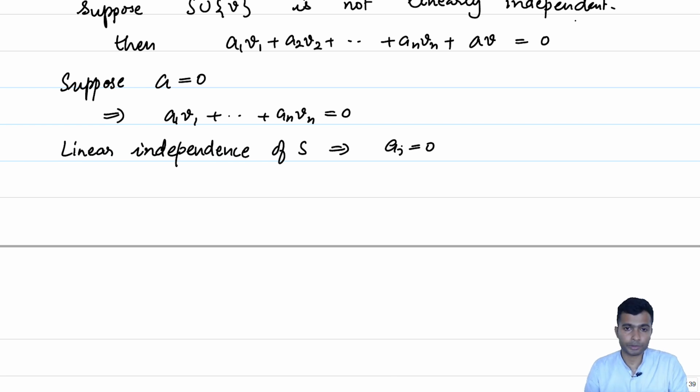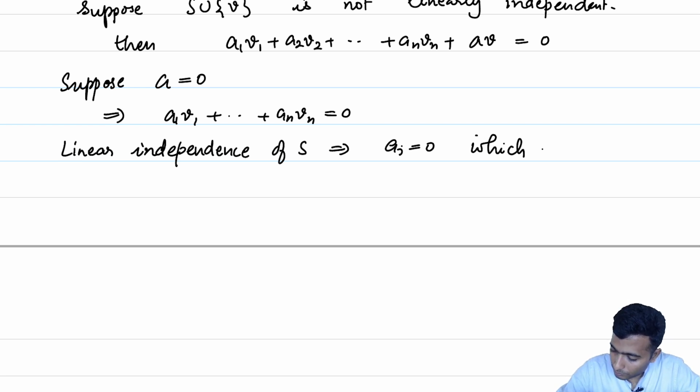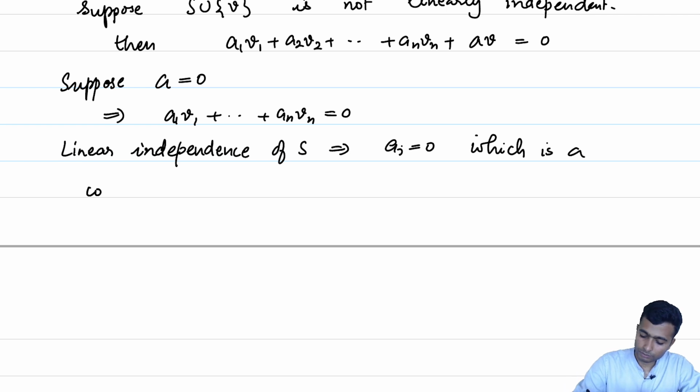So, a cannot be 0, which is a contradiction. This contradiction has come up because we assumed a is equal to 0, hence a is not equal to 0.